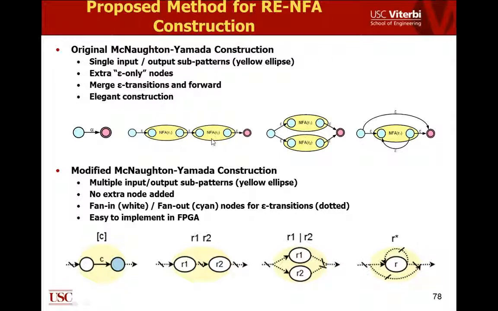The key idea of our construction is that in this method, if you look at it here, there can be long wires in your hardware implementation because of what are called epsilon transitions. You see this epsilon coming here. Essentially, I connected this particular regular expression with this one here by making this connection as a zero cost transfer. Therefore, I can advance from this state here to this state without consuming an input character.